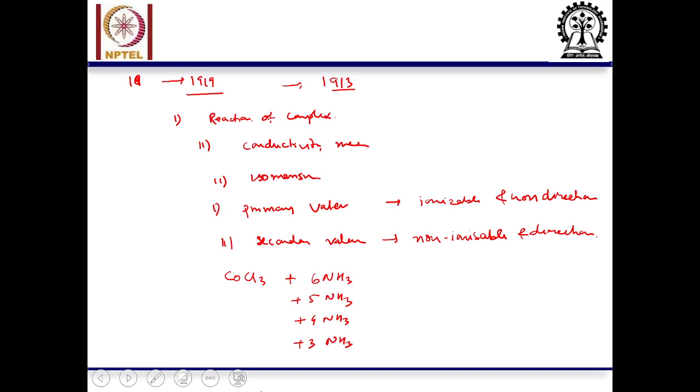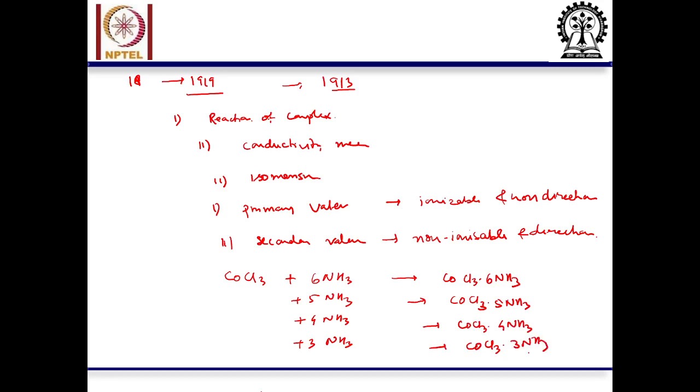He got basically cobalt chloride dot 6 NH3, cobalt Cl3 dot 5 NH3, cobalt Cl3 dot 4 NH3, and finally cobalt Cl3 dot 3 NH3.